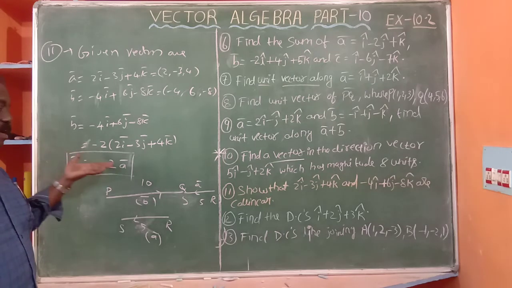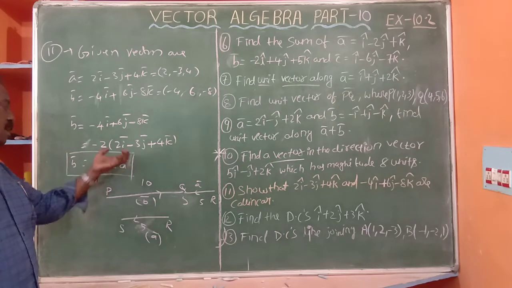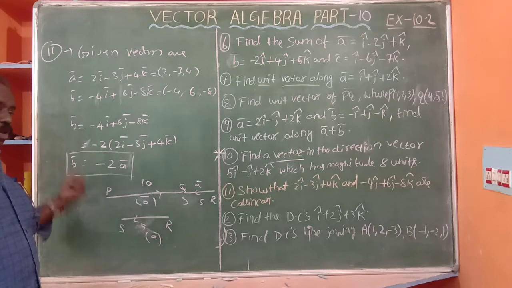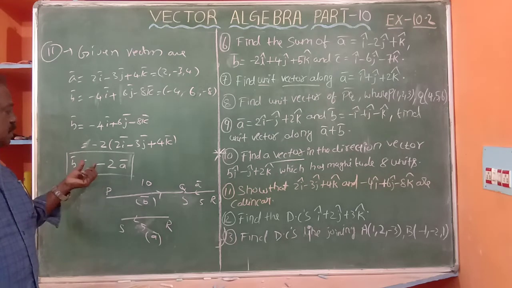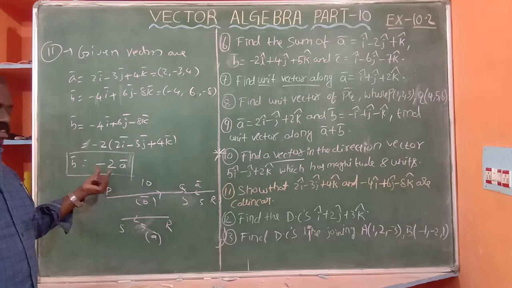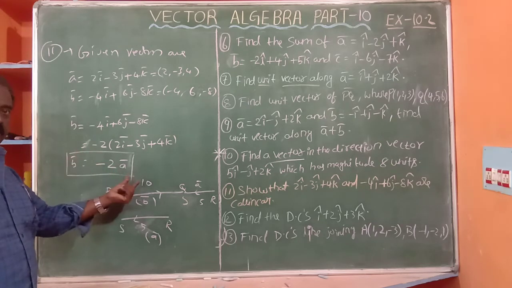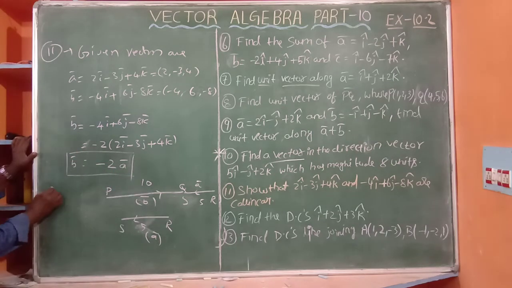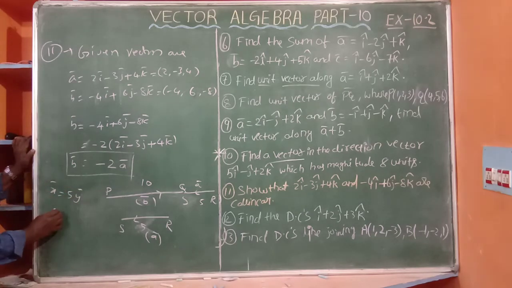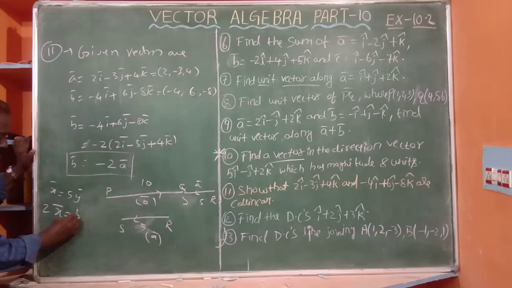They are collinear whether they are on the same line, in the same direction or opposite direction, as long as one vector is a scalar multiple of another vector. Suppose x bar is equal to 5y bar; x bar and y bar are collinear vectors. 2x bar is equal to minus 3y bar; here also they are collinear vectors.